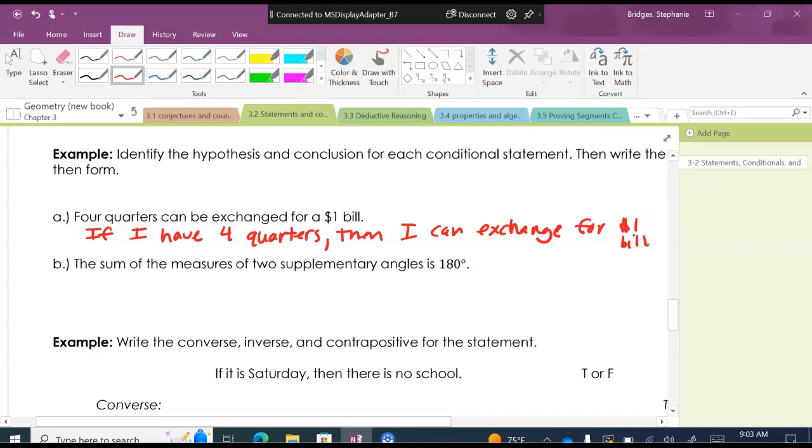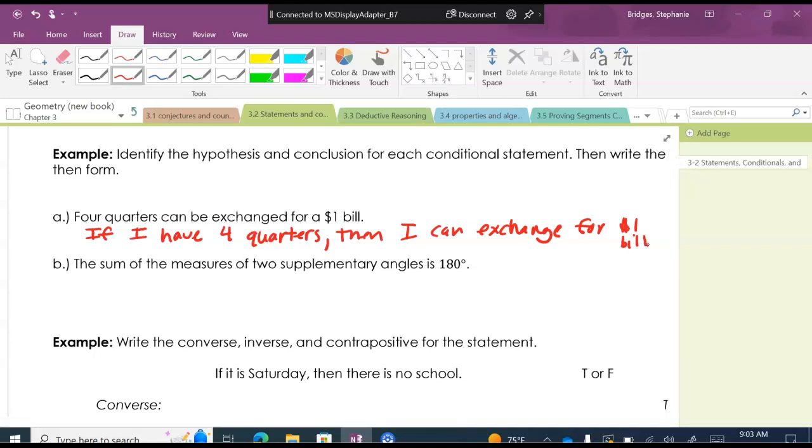Okay, so what would my hypothesis be then? I have 4 quarters, yep. And my conclusion? I can exchange it for a $1 bill. Does that make sense? So sometimes they will give you a statement, and it's not written in if-then form, and you will have to turn it there so that you can identify your hypothesis and conclusion.